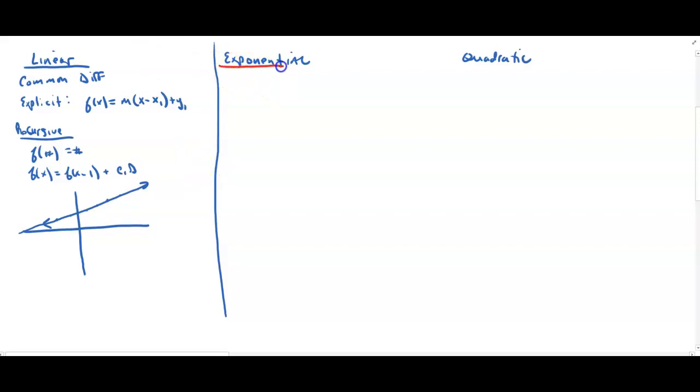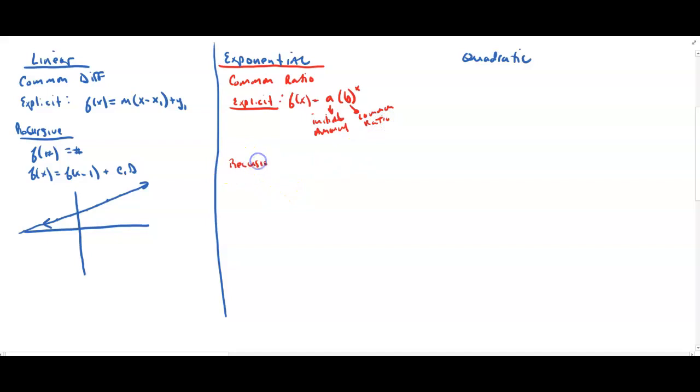Okay, now an exponential function had a common ratio. Its explicit rule would end up being f of x equals a times b to the x, where a is your initial amount, b is your common ratio.